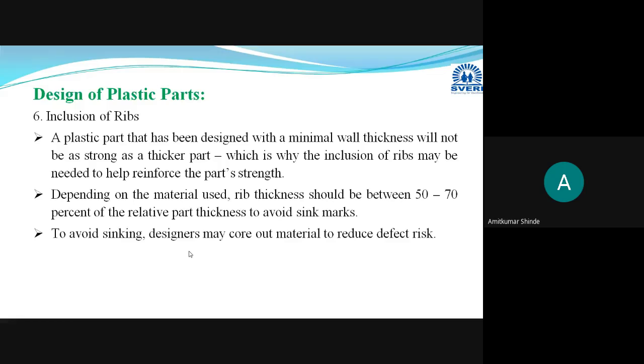In the previous points we have considered that wall thickness should be minimum as far as possible, or it should be less, and it should be uniform throughout. Now, as you are providing minimum wall thickness, sometimes it will result in poor strength of that particular plastic part.